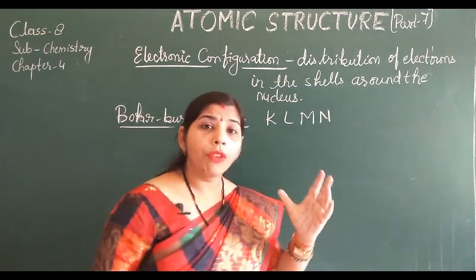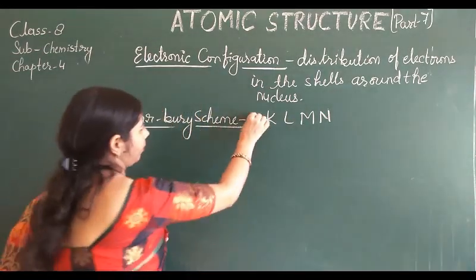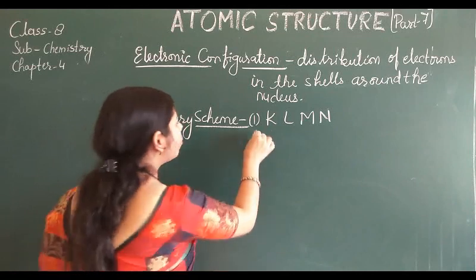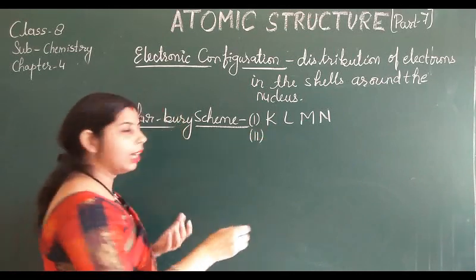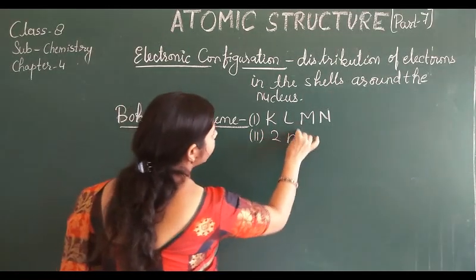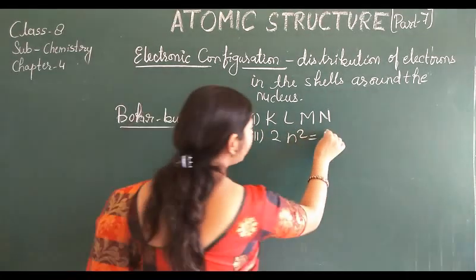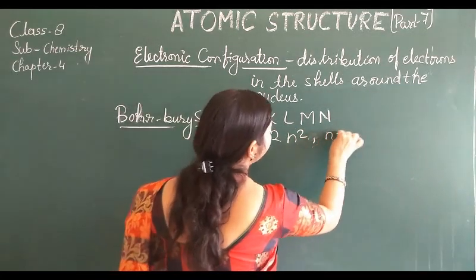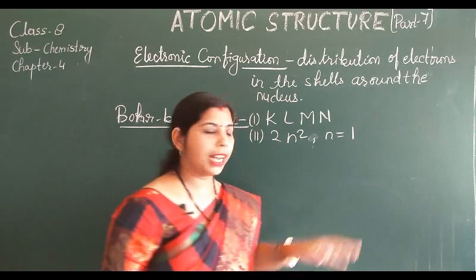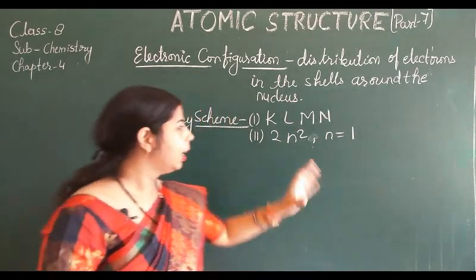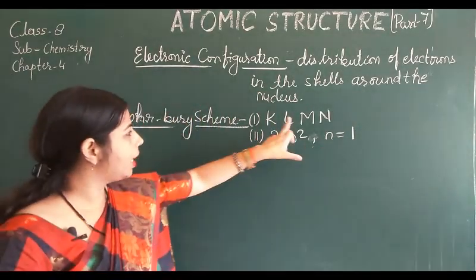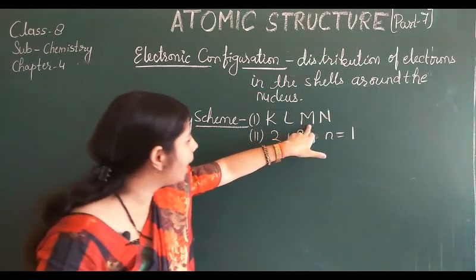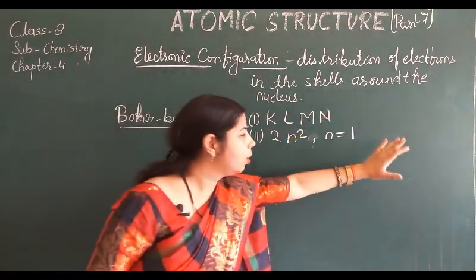Okay, now when the electrons are filled, they are just going to follow the formula, that is the 2n square formula, where n is equal to the number of the shell. So K is equal to 1, the first shell, L is equal to 2, the second shell, M is equal to 3 and N is equal to 4.